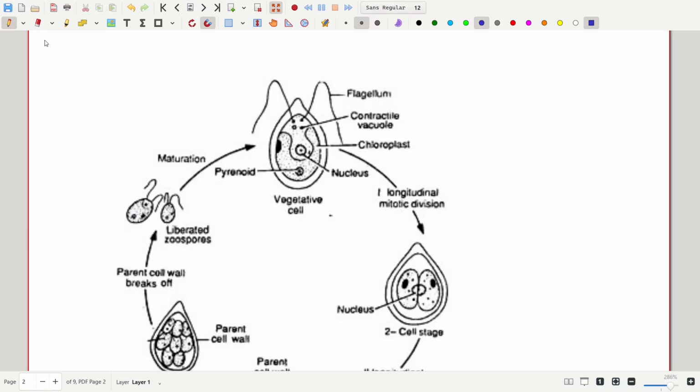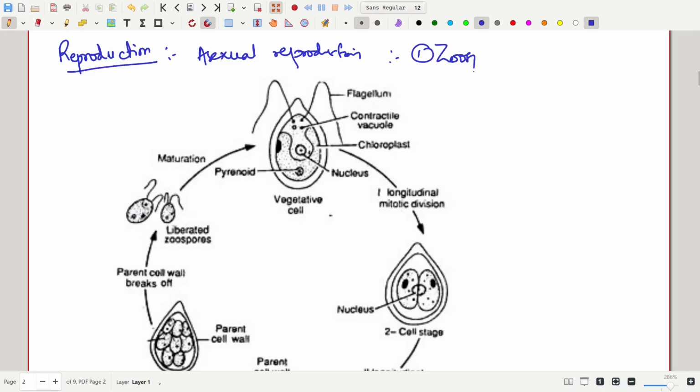And you can see today I will be teaching you about the reproduction, and in it I will teach you first the asexual reproduction in Chlamydomonas. Actually, asexual reproduction takes place by 4 ways. First is the zoospore formation.